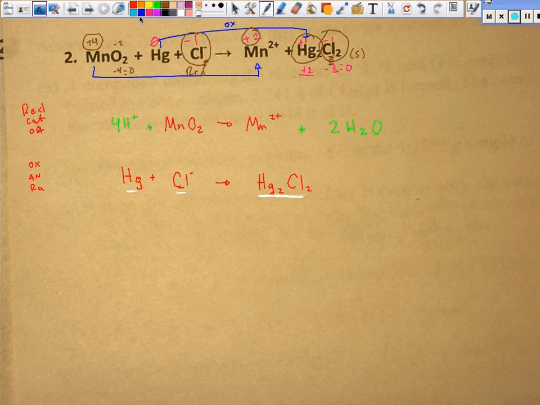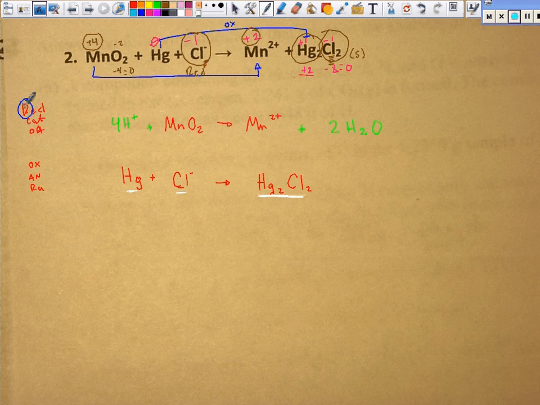Reduction and reactants, they go together. So this whole side is a +2. This whole side, remember, this 4 applies to this plus sign. This is a +4. So to balance it, I need 2 electrons.